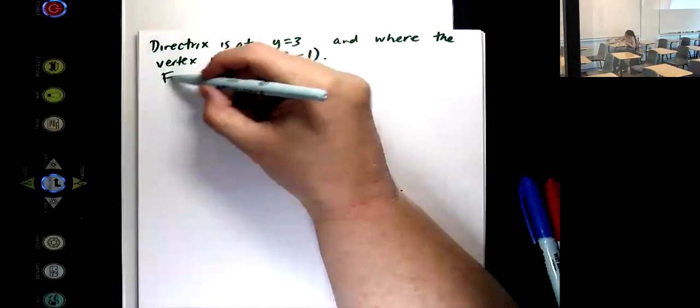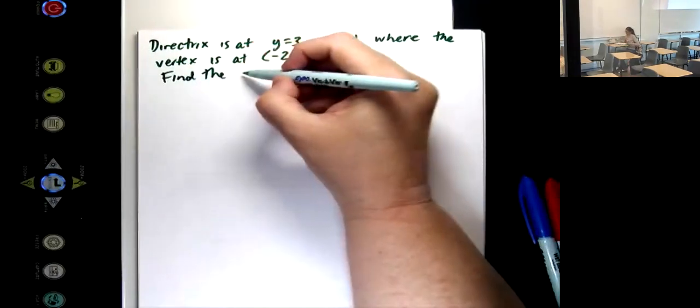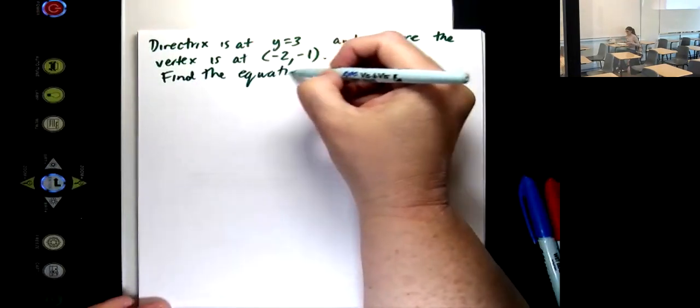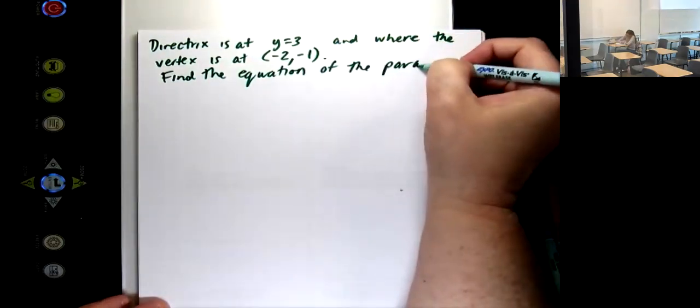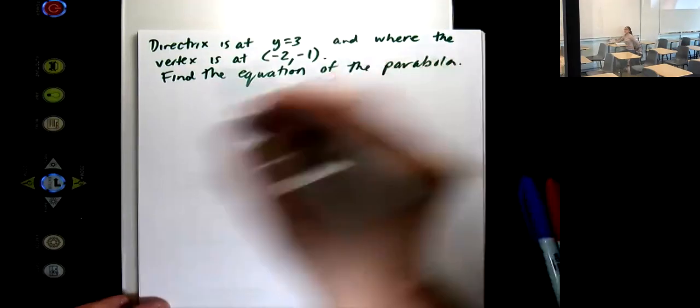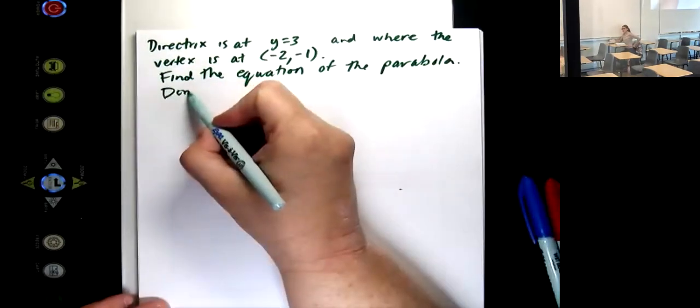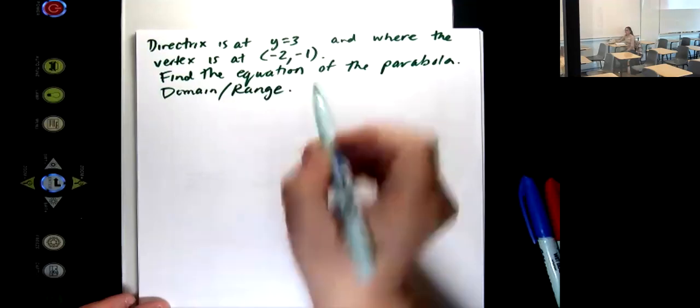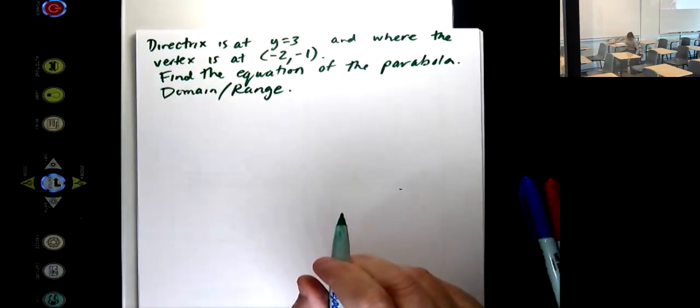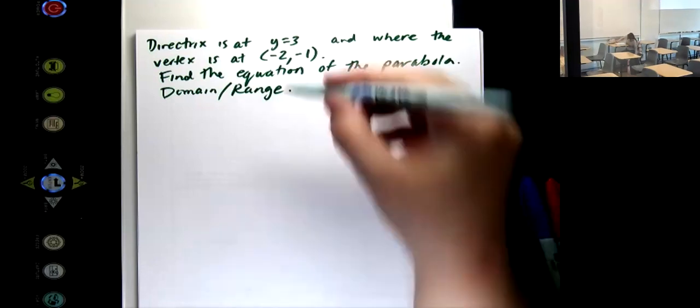Let's find the equation of the parabola. And then let's look at the domain and range. Maybe find the focus too.